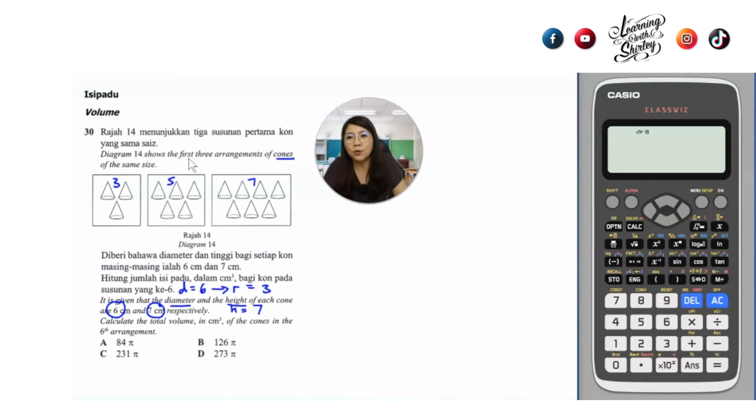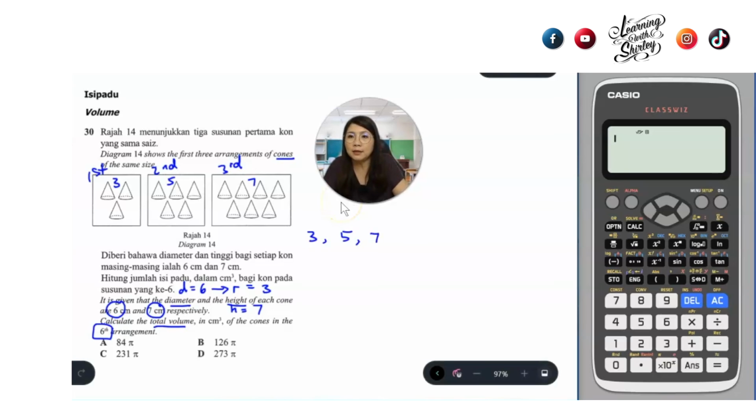Calculate the total volume in cm cube of the cones in the 6th arrangement. So I'm going to make a new sequence. First is 3, second is 5, third is 7. You can see the pattern: to get the next term, you plus 2.